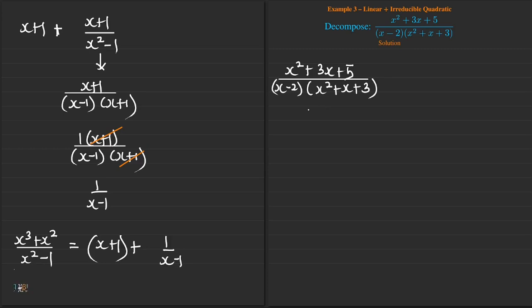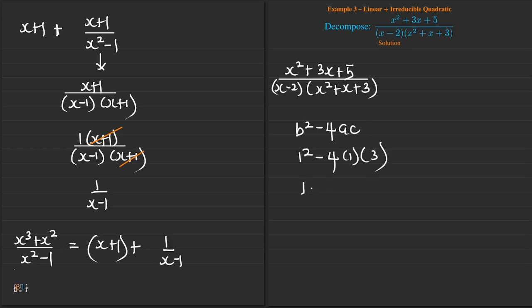So the first thing to look out for is to check whether or not we can factorize. Now using our discriminant, we know b squared minus 4ac. Substituting, your b is 1. So we have 1 squared minus 4 times a, which is also 1, and then c, which is 3.